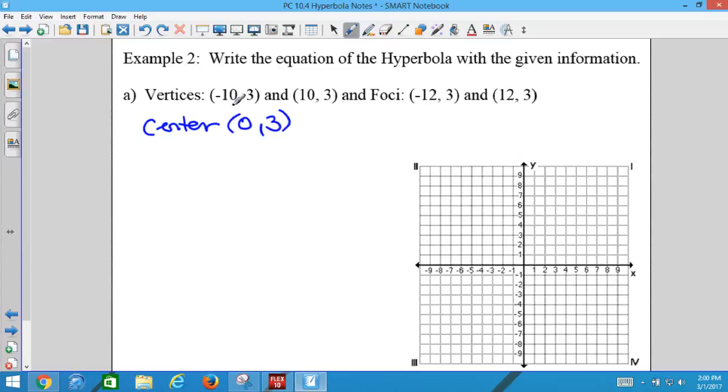So I look and see how far away these vertices are from the center. 10, so A squared is 100. I also need to know if it's going vertically or horizontally. A is negative 10 away, but that's the x that's changing. So this one's going to be horizontal.